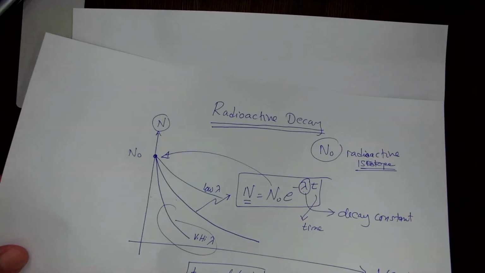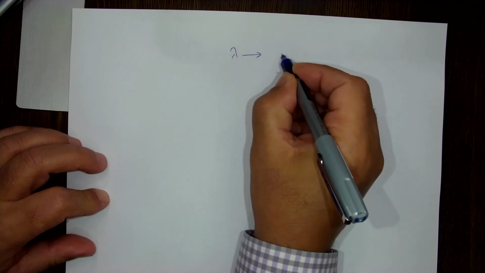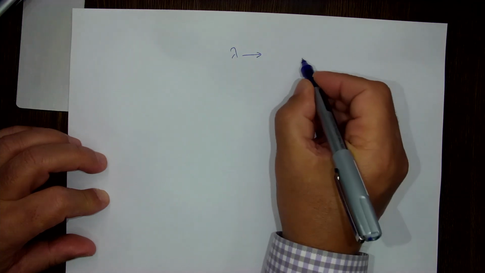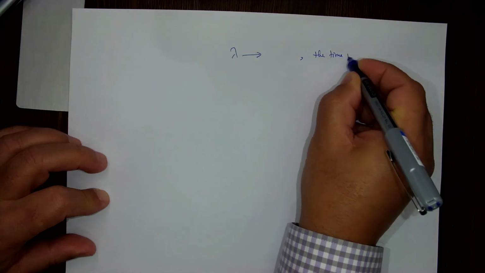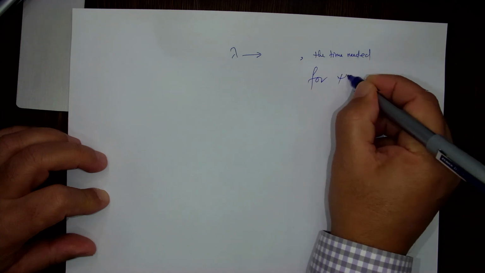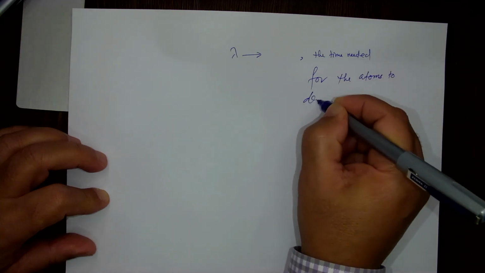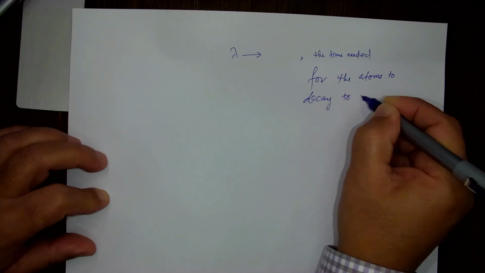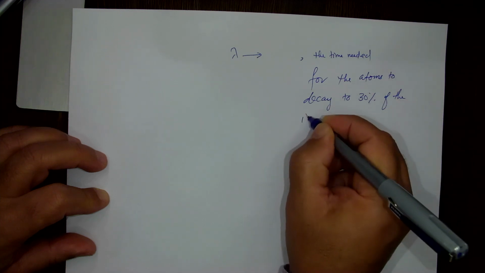Okay, so the most common example is that I either give you lambda, the decay constant, and then I ask you to calculate the time. For example, the time needed for the atoms to decay to 30% of the initial value.